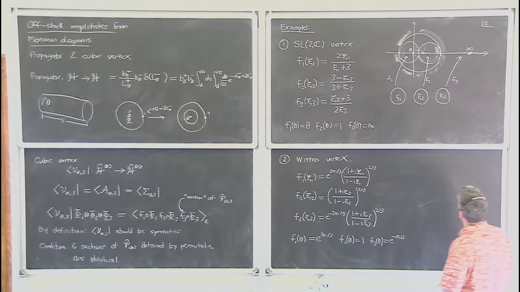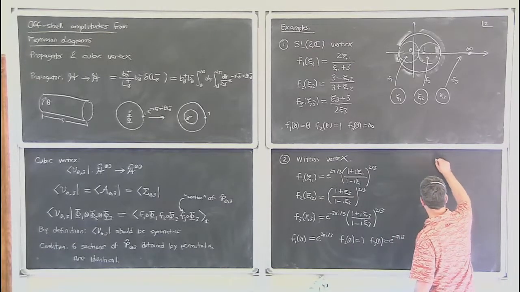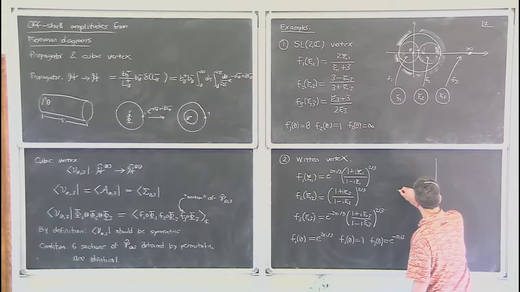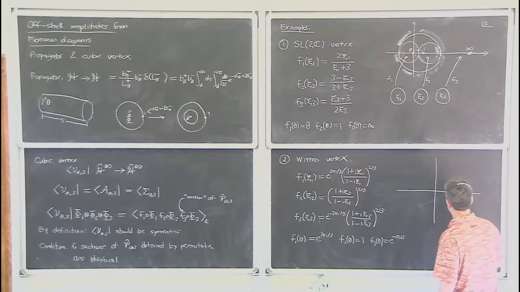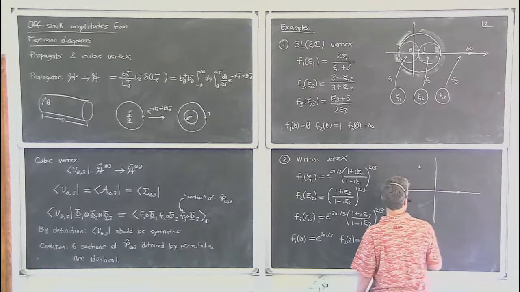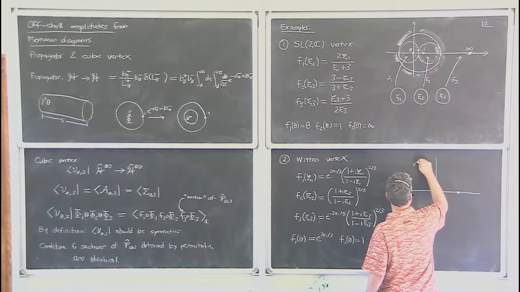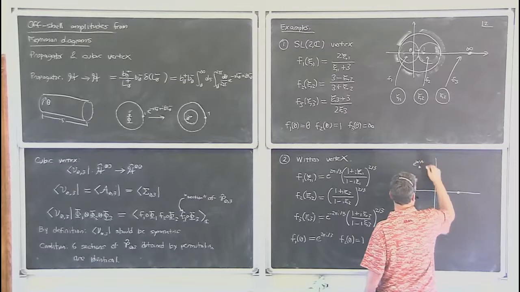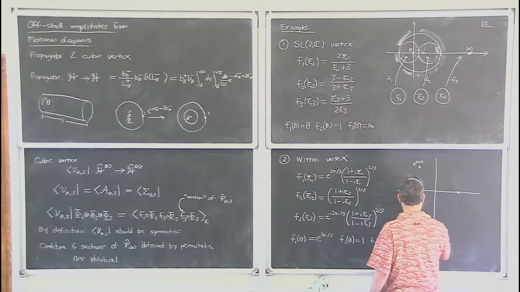And we can draw an analogous picture in this case. Now we have a puncture here at 1, a puncture here roughly at e to the 2 pi i over 3, and a puncture here at e to the minus 2 pi i over 3.